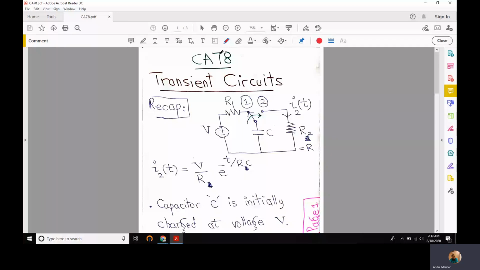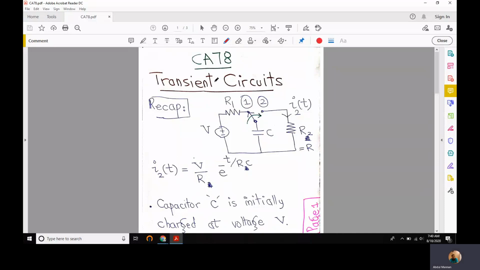Welcome to the 78th lecture. We are studying transient analysis, and in this lecture, we will continue studying the circuit that we started studying in the last lecture, lecture 77.